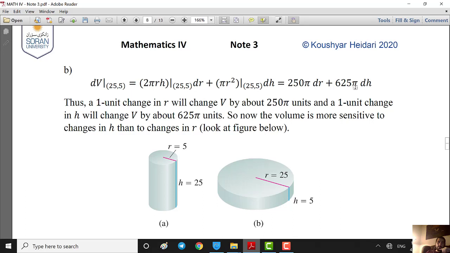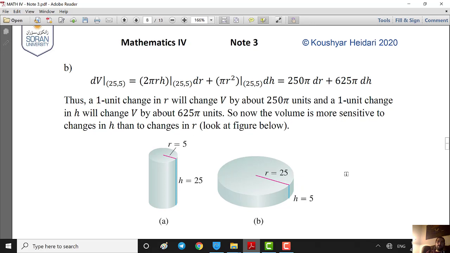So you see that a 1 unit change in R will increase V by about 250 pi units, and a 1 unit change in H will change V by about 625 pi units. So now when the tank looks like this, the volume of the tank is more sensitive to changes in height than to changes in radius, right?